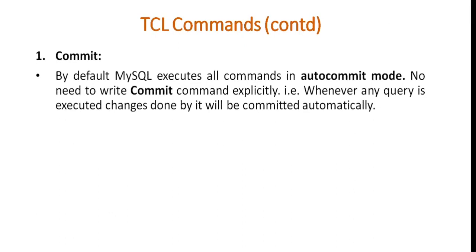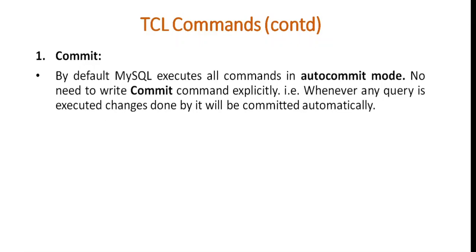But MySQL executes all commands in auto commit mode. That is, in MySQL we don't need to write the commit command. If we write any query in MySQL and execute it, all the changes done by that query get stored permanently in memory, because in MySQL auto commit mode is always on.